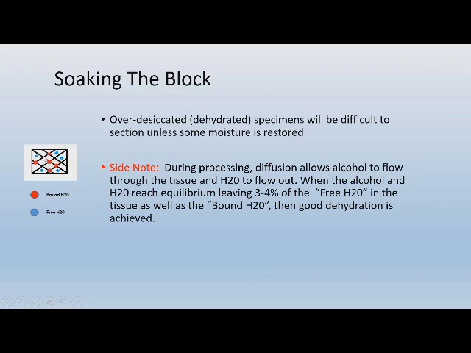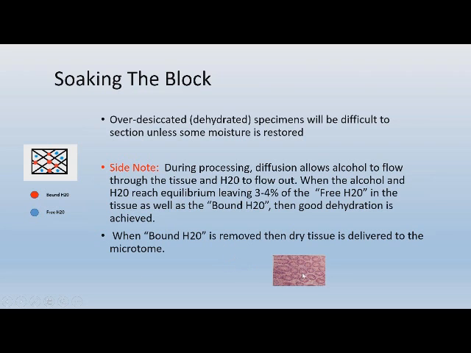And a perfectly dehydrated specimen that is held up by this beautiful matrix will have about 3 to 4% of free water standing in it, and it will have the bound water still bound. So when you remove this, the matrix collapses, and you have over-dehydrated tissue, and you're delivering that to the microtome to be cut.